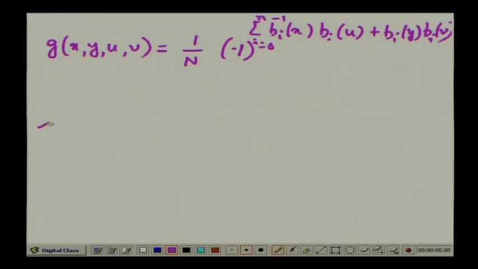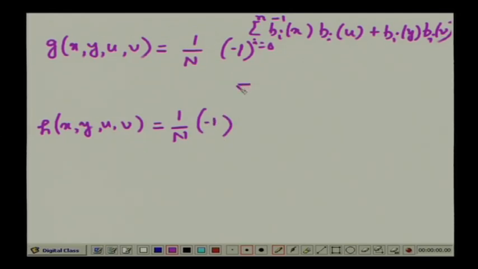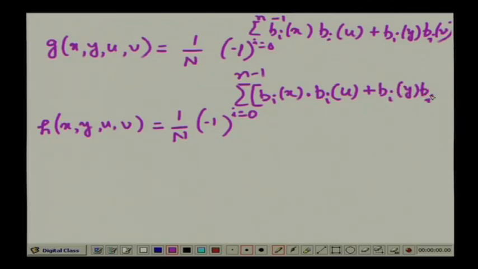And similarly, the inverse transformation kernel is also given by h(x,y,u,v), which is same as g(x,y,u,v), that is 1 upon capital N minus 1 to the power summation i equal to 0 to lowercase n minus 1 of b_i(x) into b_i(u) plus b_i(y) into b_i(v).